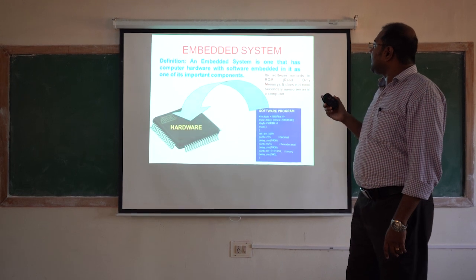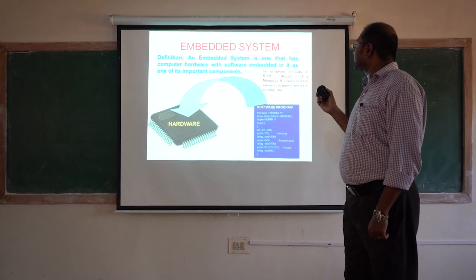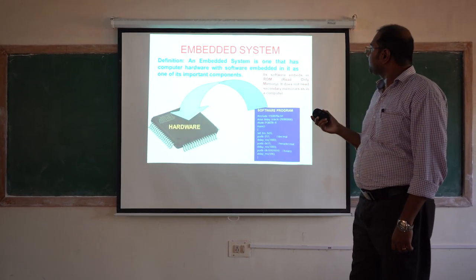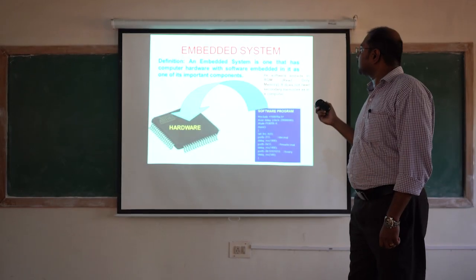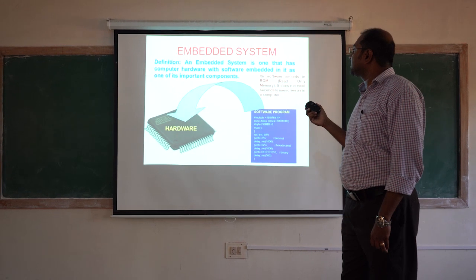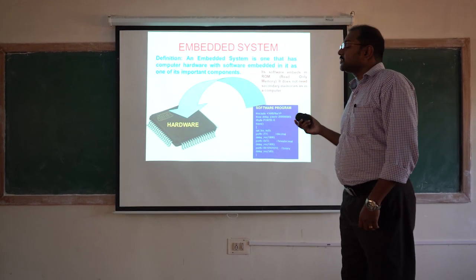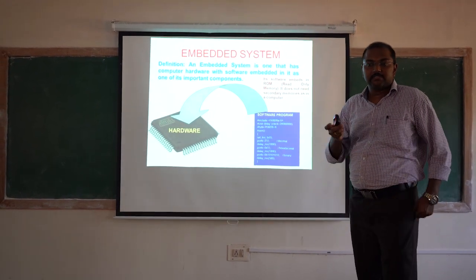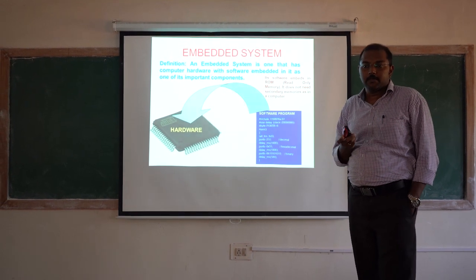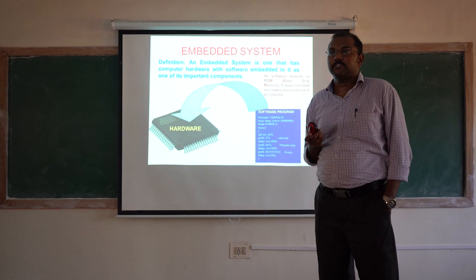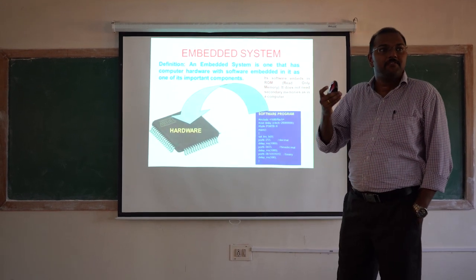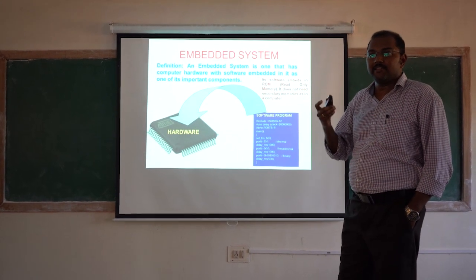An embedded system is one that has computer hardware with software embedded in it as one of its important components. Already we have seen two examples of a system, the watch and the washing machine, which have some predefined set of values.